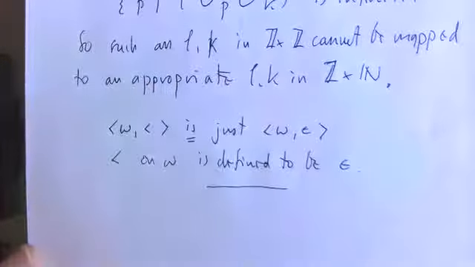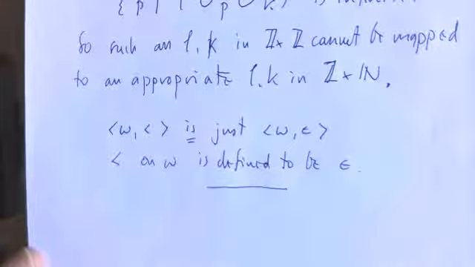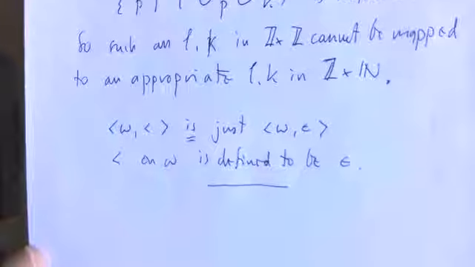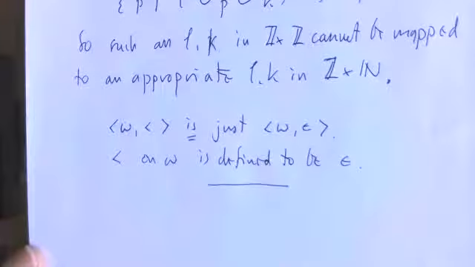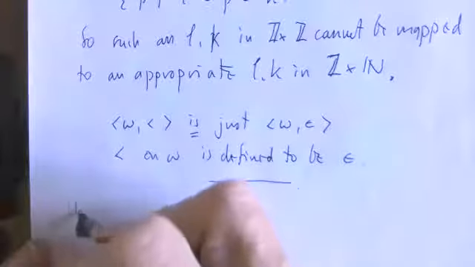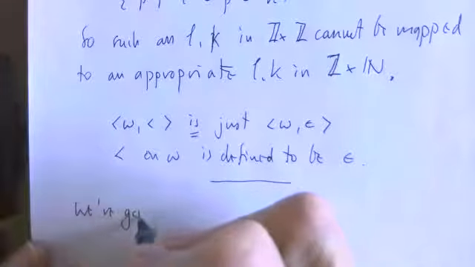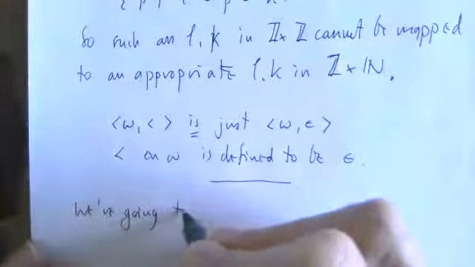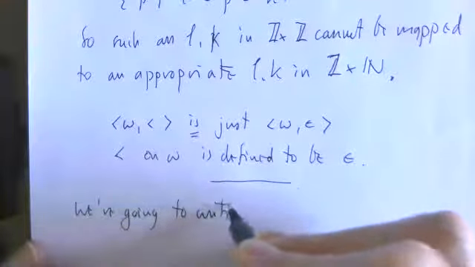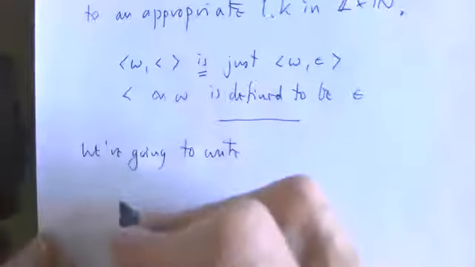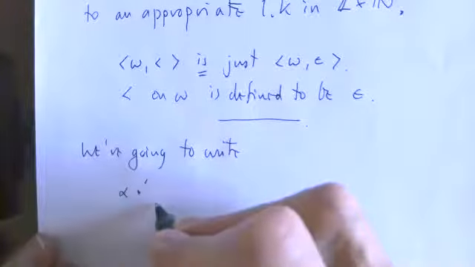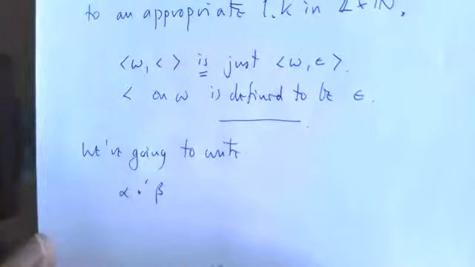Okay, any queries? So we're going to write, just for a short while anyway, something like alpha times beta for ordinals.